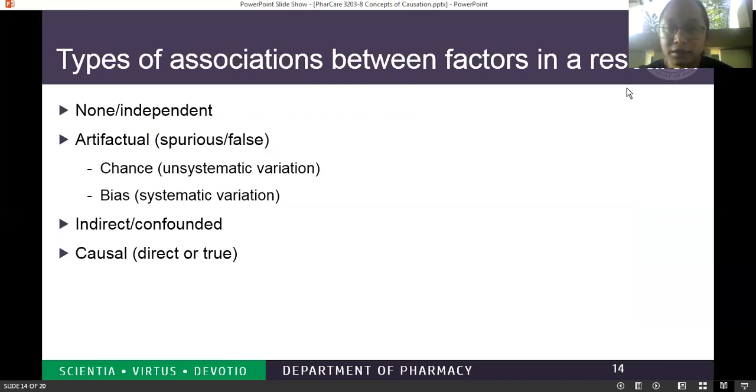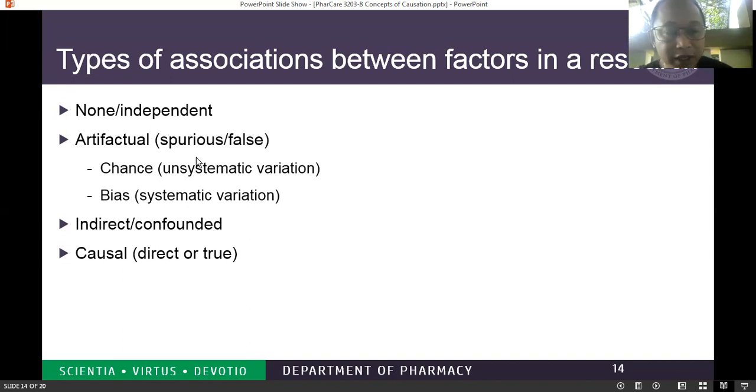And then next, we will talk about associations other than causal associations. We may have a non or independent association, meaning that there is no association between the cause and the effect of interest.